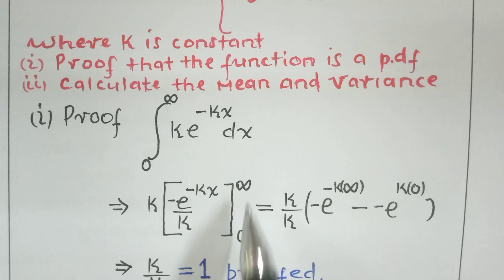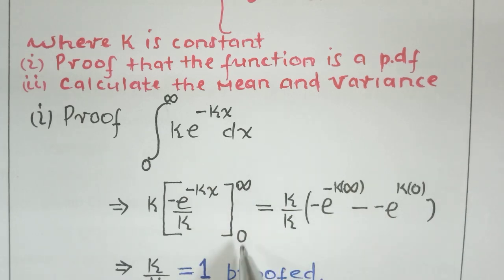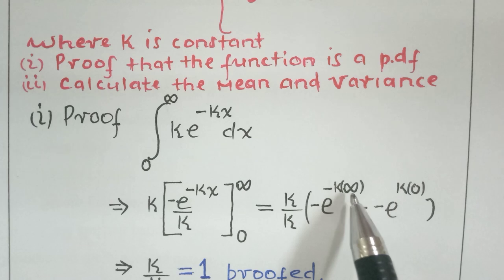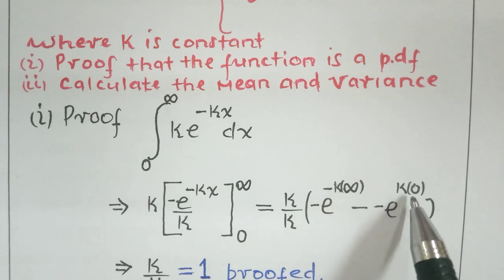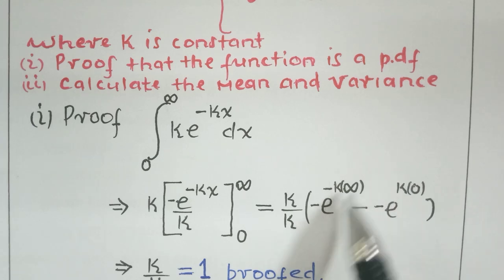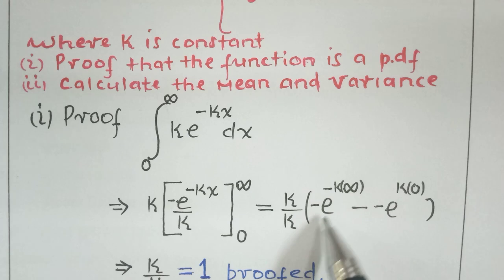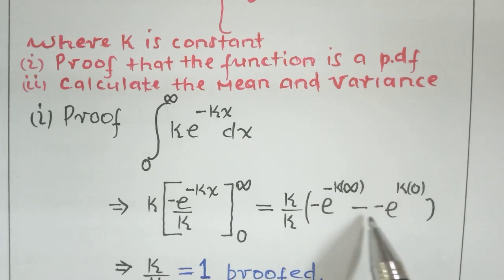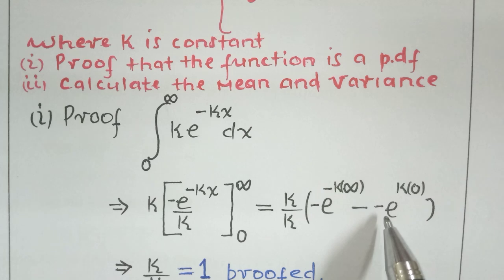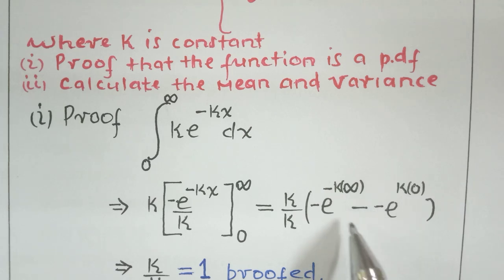Then we replace the infinity and 0. We put the infinity here and 0 here. So this term is going to be 0, and this term is going to be negative 1. And then negative minus negative 1 will give us 1.